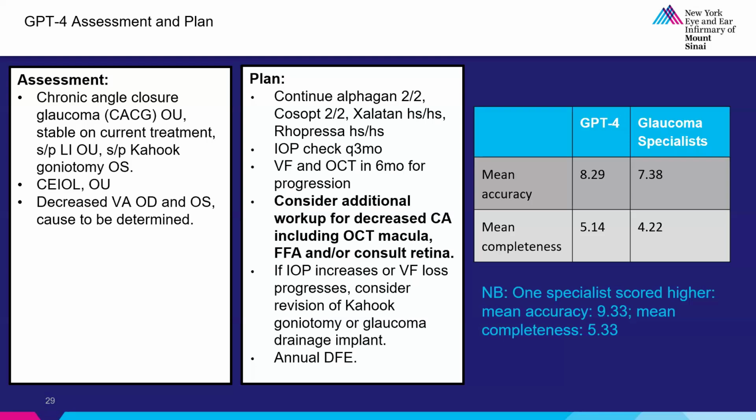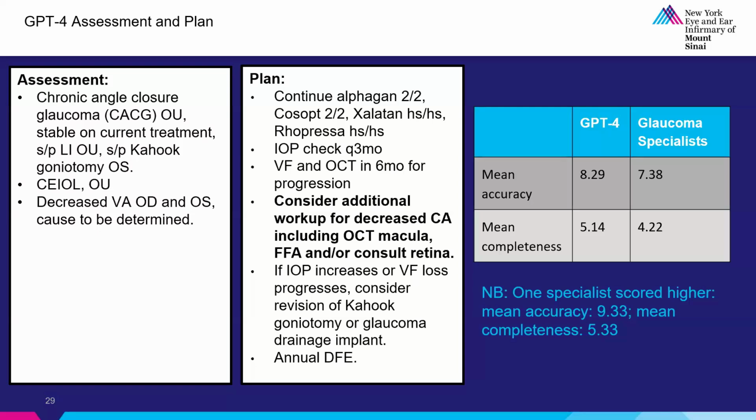That part was interesting in the sense that a decent number of subspecialty ophthalmologists might have glossed over that detail, where there was a decreased visual acuity that did not necessarily correspond with the visual field and the RNFL. The GPT-4 model said to continue alpha-GAN and cosopt, and check IOP, visual field, and OCT in 6 months' time.